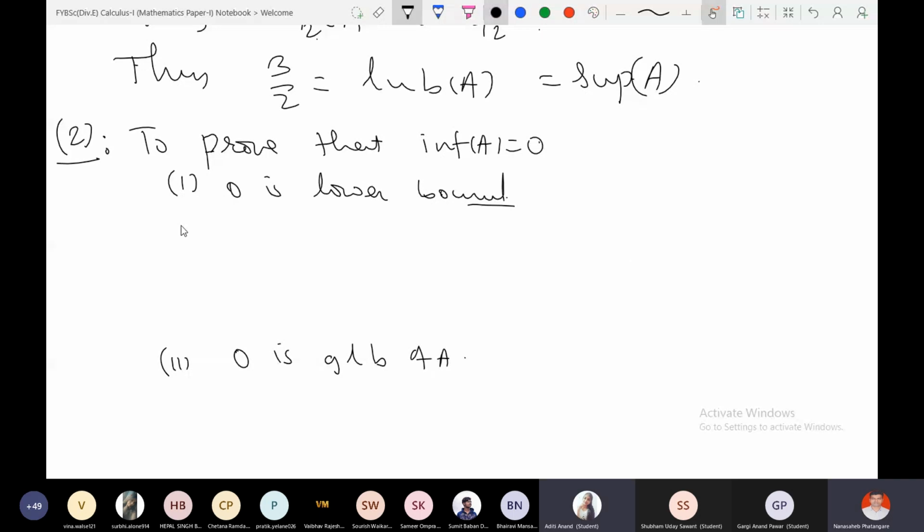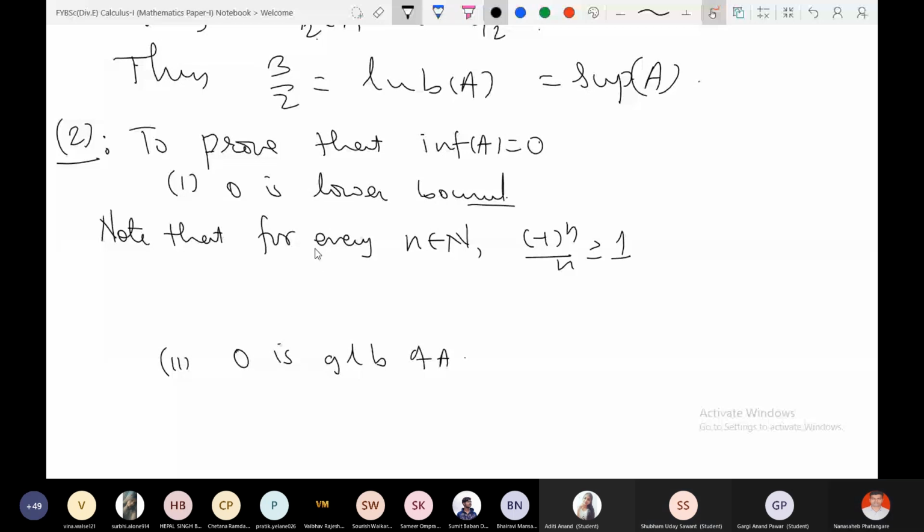Because every element in A is greater than or equal to 0. But you need to give some proper arguments, right? So note that we consider the expression (-1)^n/n, and it is always greater than or equal to minus 1. Right? So for every natural number n, (-1)^n/n is greater than or equal to minus 1.